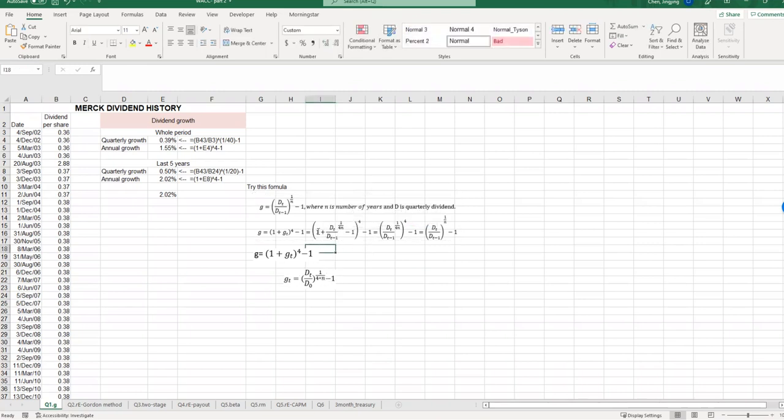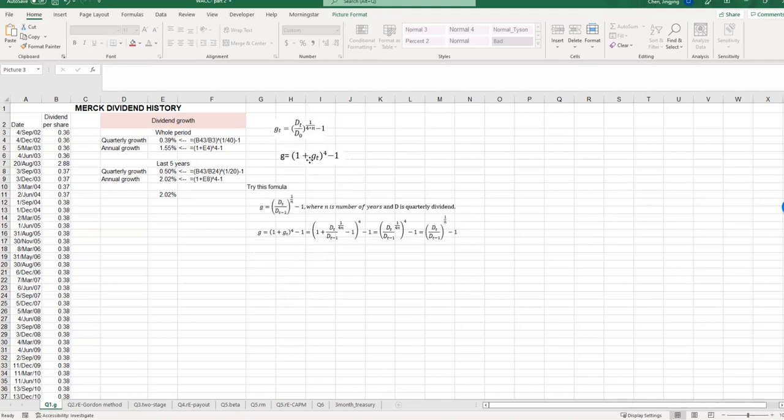And then 1 minus 1 equals 0, so it will just leave this item here. So I'm putting 4 times 1 divided by 4n. That will give me this final formula. So therefore, when I'm calculating this annual G in this way, it actually summarizes these two processes.